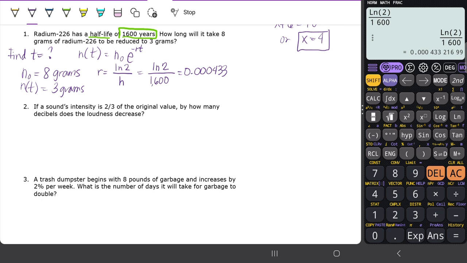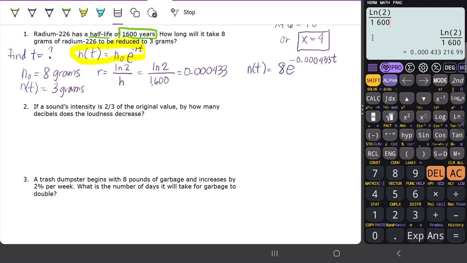So if we would rewrite our model, ito yung model natin. So we have N(t) is equal to N naught, which is 8, times e raised to negative 0.000433 times t, which is the unknown variable.